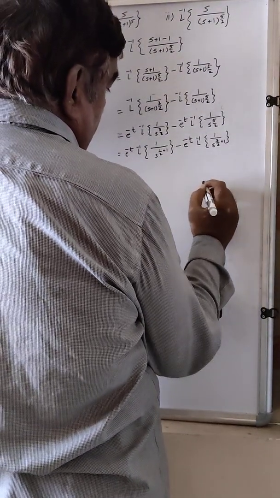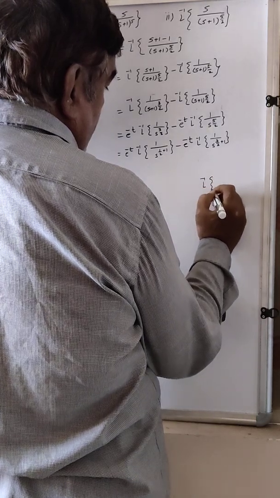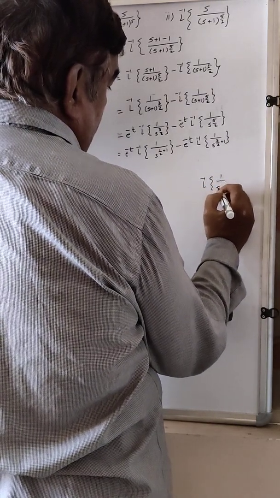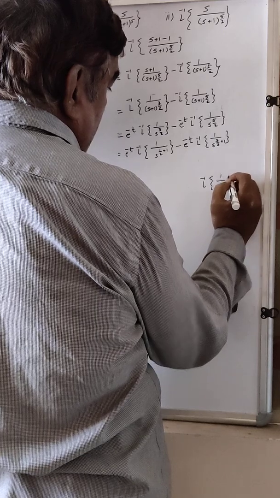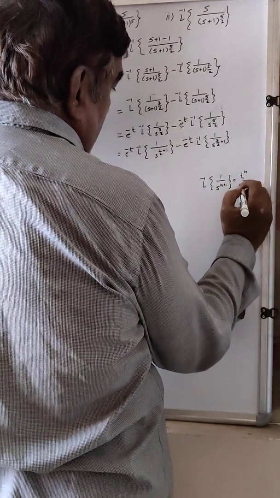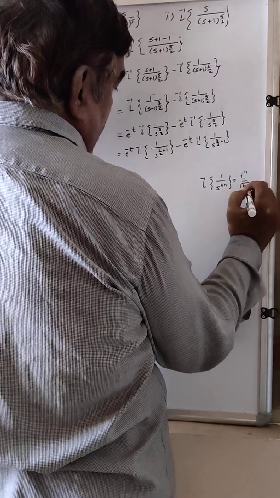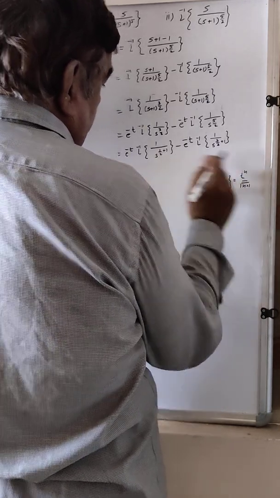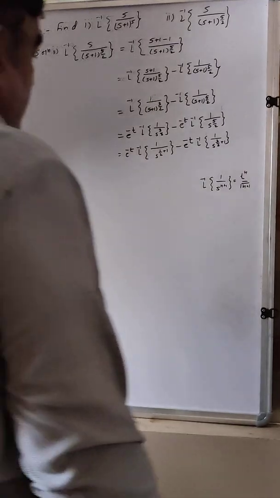For this, Laplace inverse of 1 upon s raised to n plus 1 is equal to t raised to n upon gamma n plus 1. Here n is a fraction, therefore we use gamma.